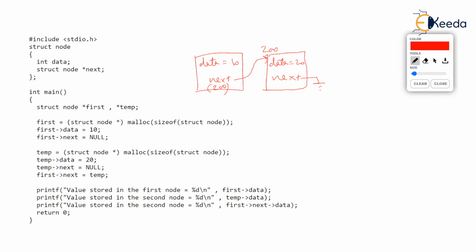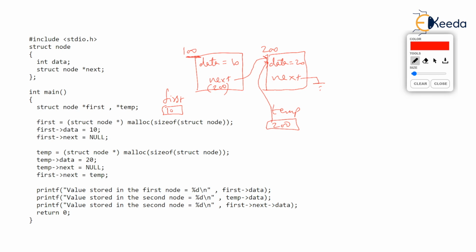There is a temp pointer which is storing 200 and it is pointing to the node at 200. There is a pointer called first which is storing 100, the address of the very first node, and it is pointing to the first node.